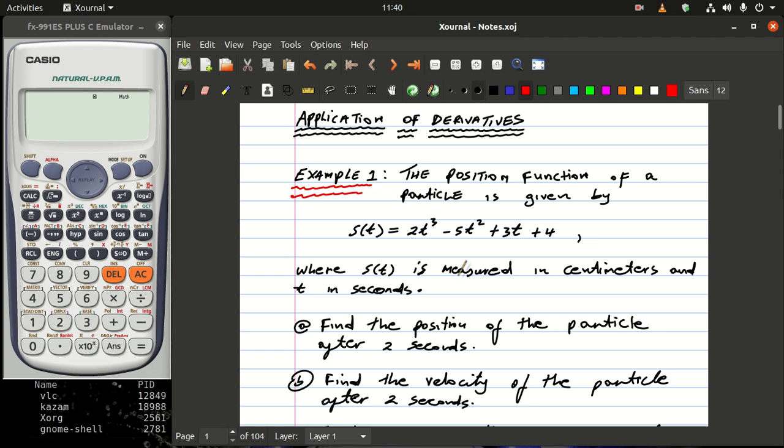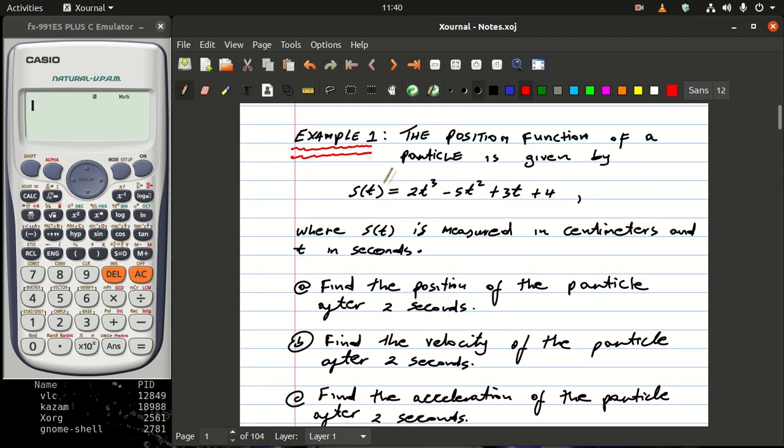And another thing that I want you to realize here, I want you to still remember what the velocity is. If you are given a position function, what is the velocity, what is the acceleration, and actually what is a jerk. Usually the jerk is not something we examine much, because the concept of a jerk is not mostly used.